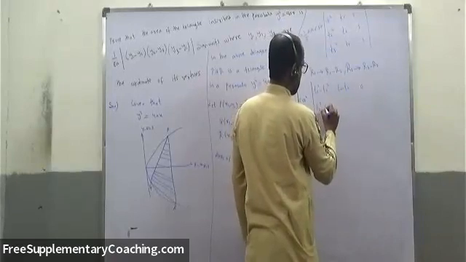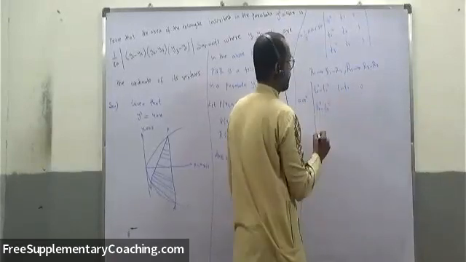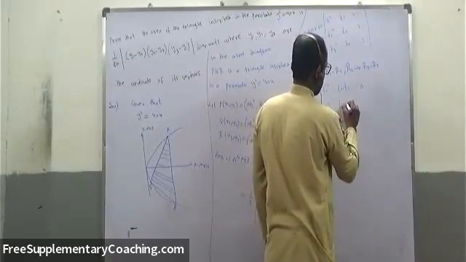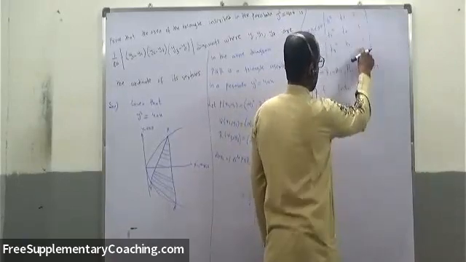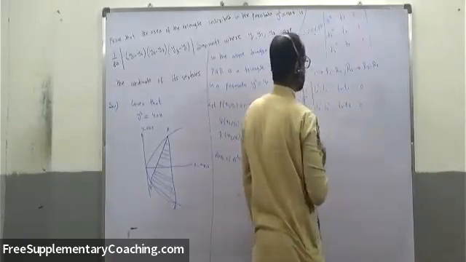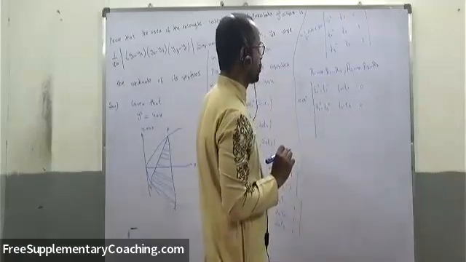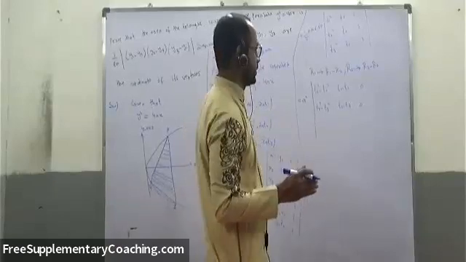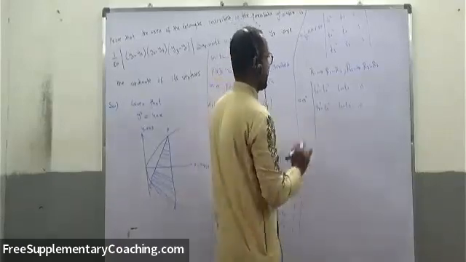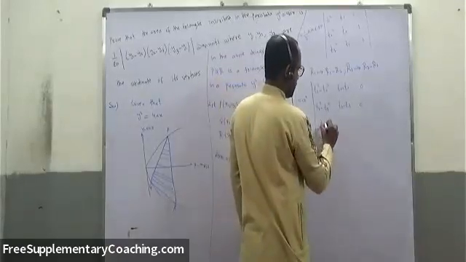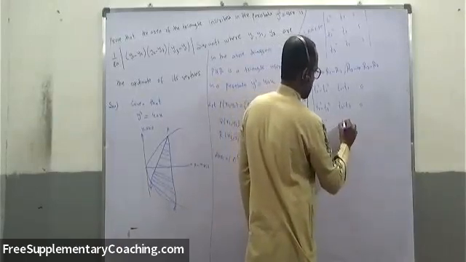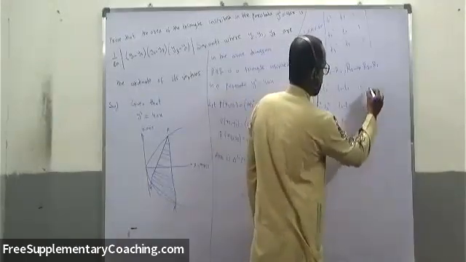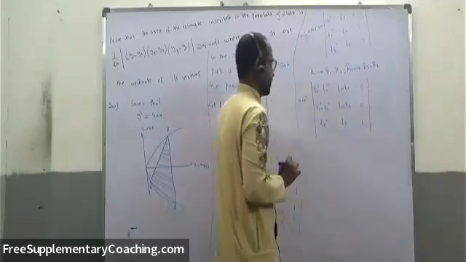T2 square minus T3 square. Here, T2 minus T3. 1 minus 1 is 0. The third row is unchanged. We have not applied any row or column operation to the third row. Keep it as it is. So T3 square, T3, 1, keep it as it is.